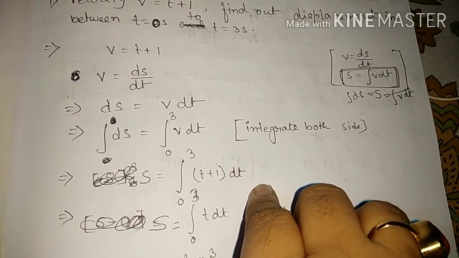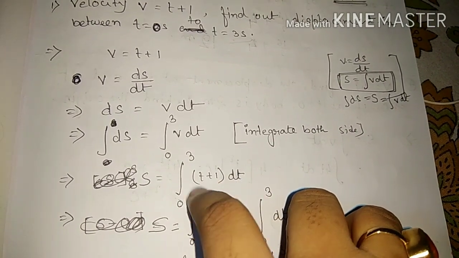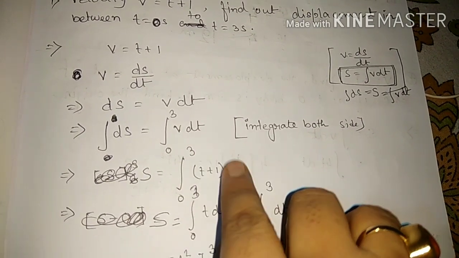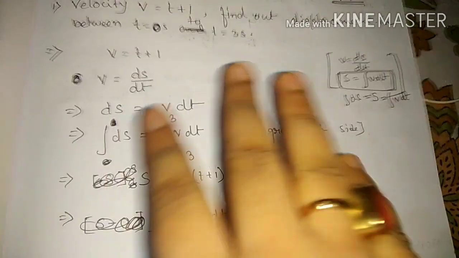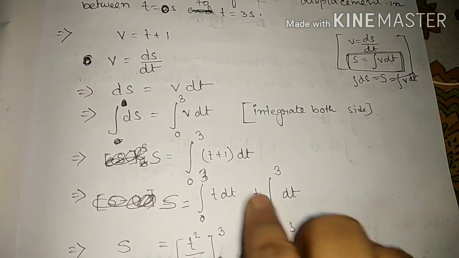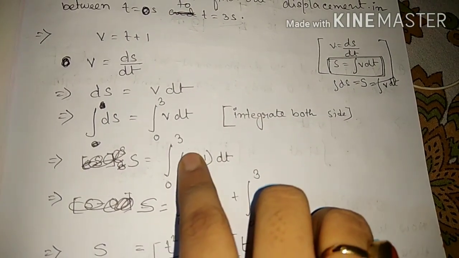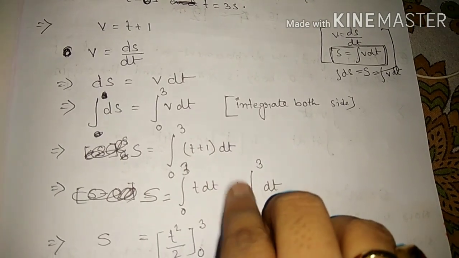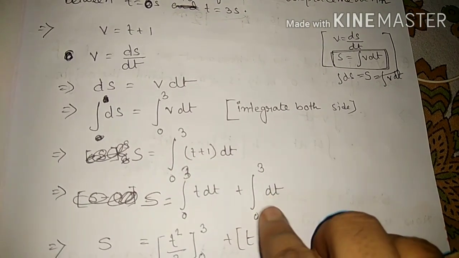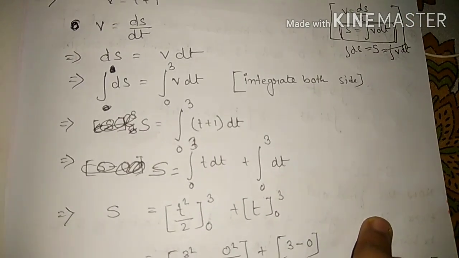Now we know that in integration, if addition is there, we separate the terms first. So s equals the integration from 0 to 3 of t into dt plus the integration from 0 to 3 of 1 into dt, that means only dt.